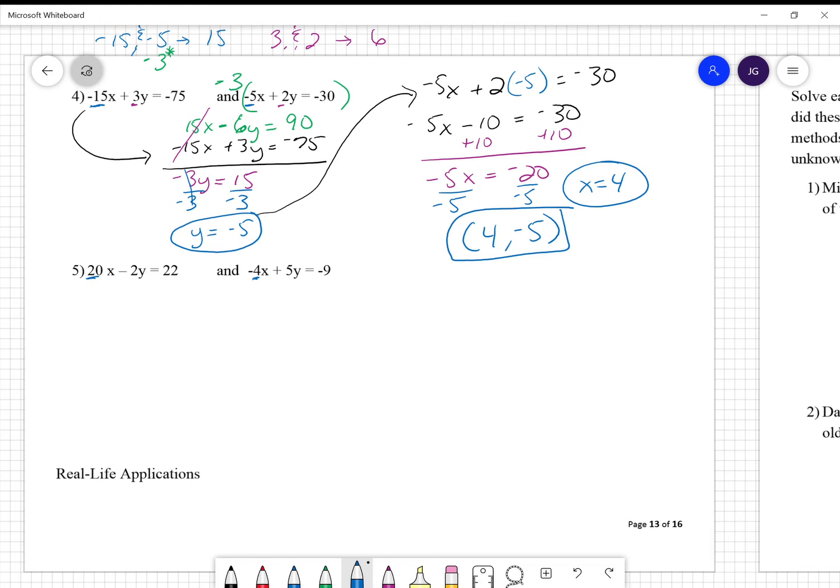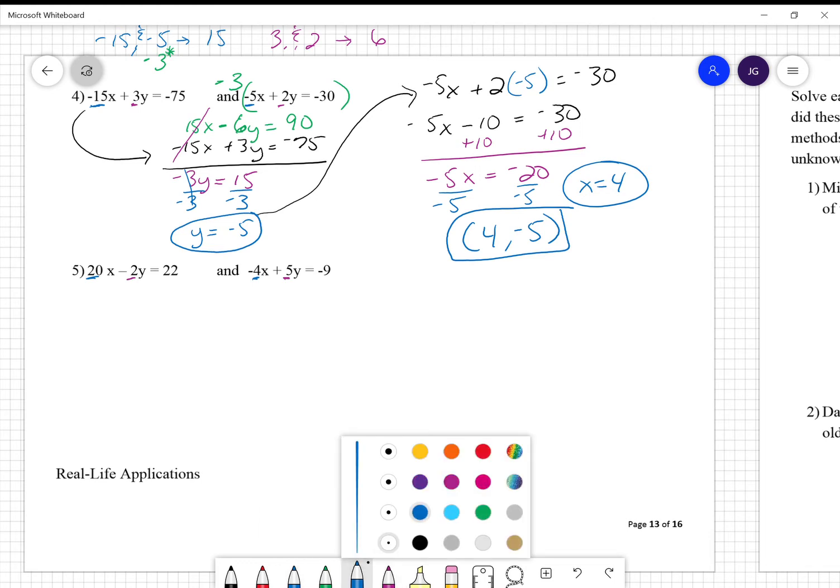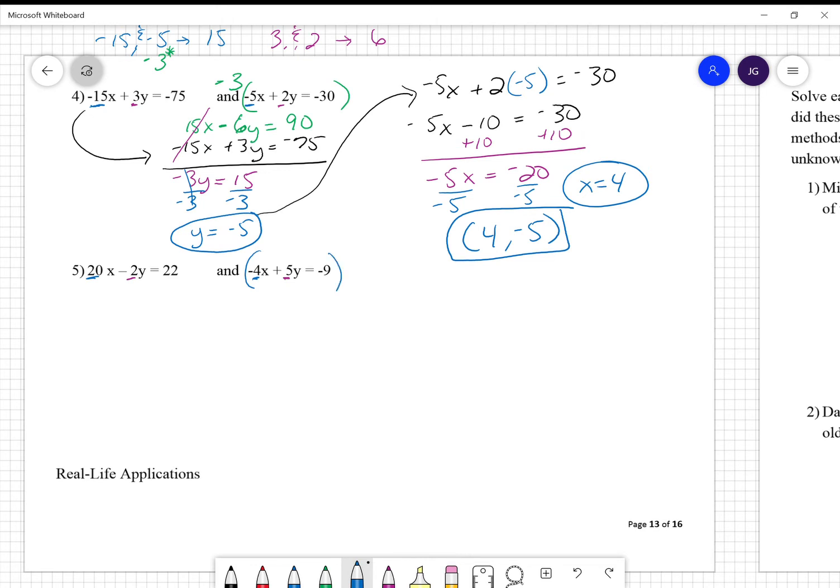For my y's, my coefficients are negative 2 and 5. My LCM is 10, so I would have to multiply both equations. So I'm going to choose to multiply just one equation. It'll be easier. So I'm going to multiply the second equation by 5. That'll give me a negative 20x, which will cancel with the positive 20x.